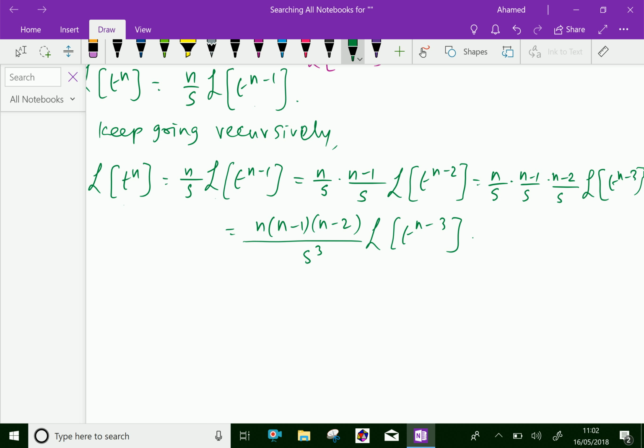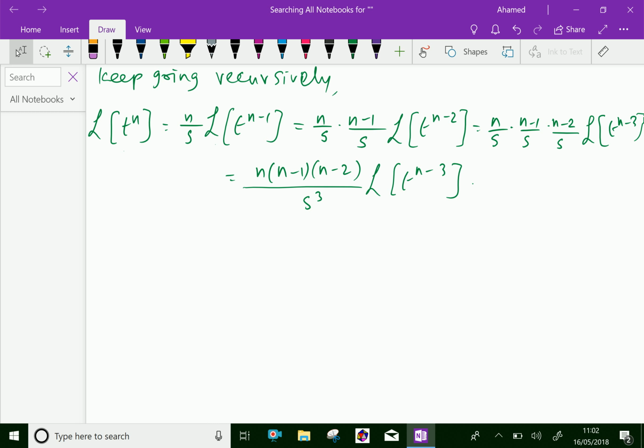Further it goes up to n minus 3, n minus 4, n minus 5, up to n minus n, which becomes 0. T power 0 is 1. So with the continuation we get n into n minus 1, n minus 2, like that up to 1, over s power n, into Laplace transform of t power 0, that becomes 1.